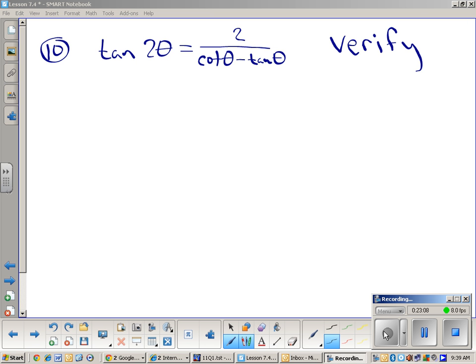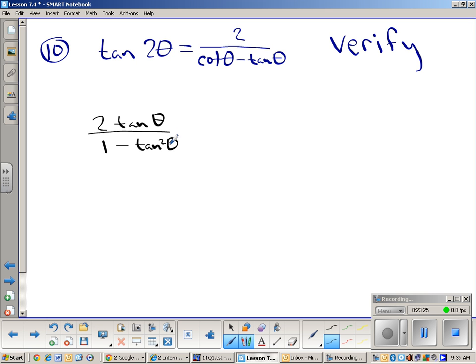And so, tangent 2 theta, I think we just said that one, right? 2 tan theta over 1 minus tan squared theta. Do we agree with that? Yes. Okay.